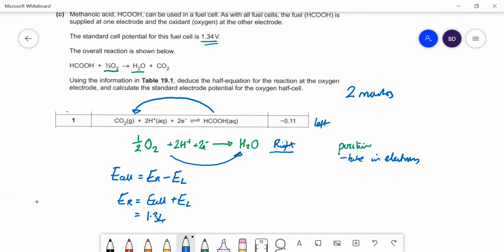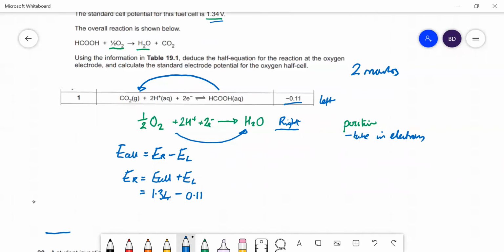And the left-hand side electrode is minus 0.11. So we work that out, we get the right-hand side electrode is 1.23 volts. So deduce the half equation. That's that in green there, and the E value of that is, just worked it out, plus 1.23 volts.